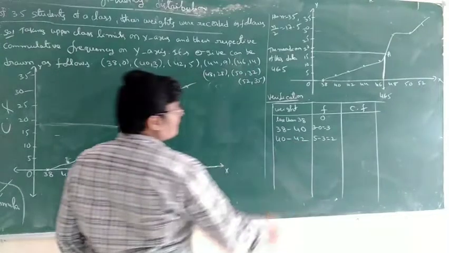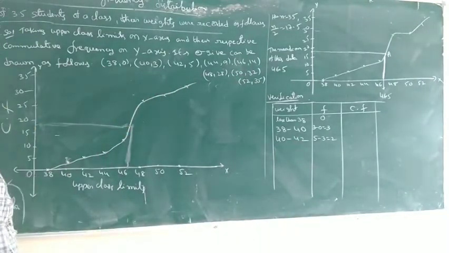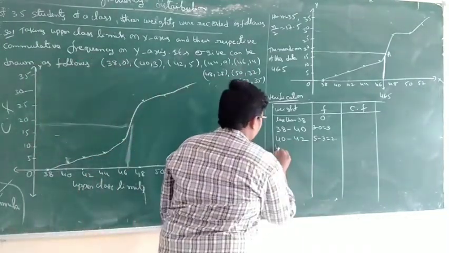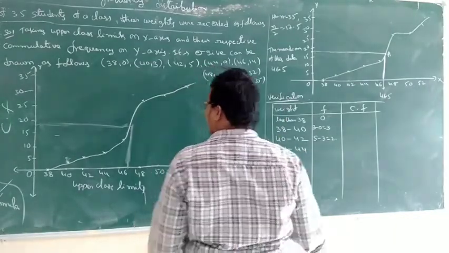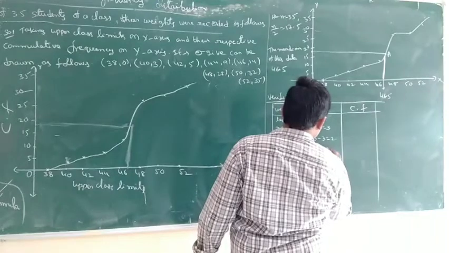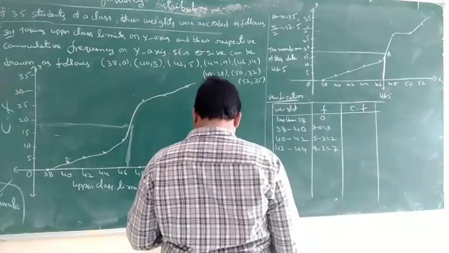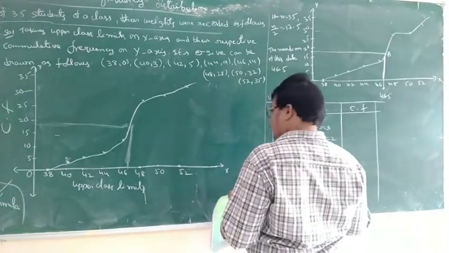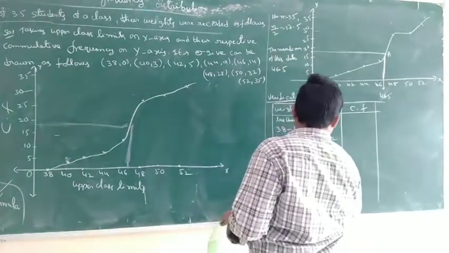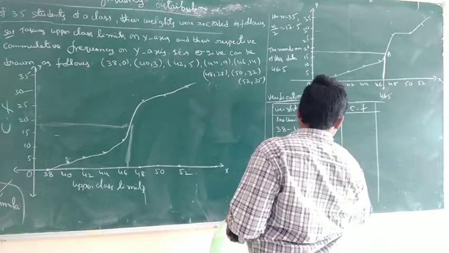Only 40 to 42, 5 minus 3 is equal to 2. Next, 42 to 44, 9 minus 5 is equal to 4.